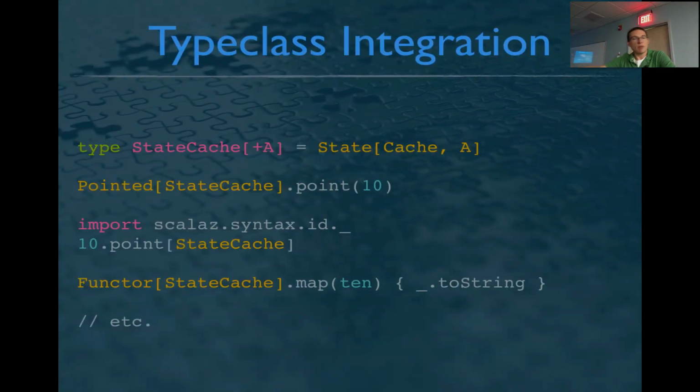And we have a functor example, right? Remember, a functor is something with map, given a function A to B. So here, if we had some state called ten, we could get a functor for State[Int], call map on it, which would take us from whatever A value it was to B, and give us back a State[Int] of B. In this case, we're converting from whatever A it was to a toString.